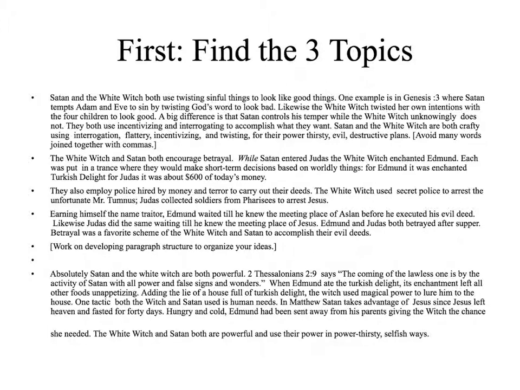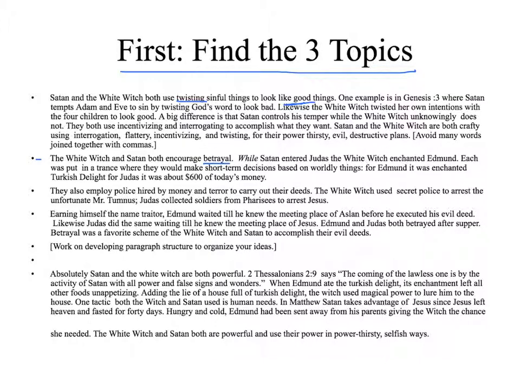All right, so the first thing I said to do is find the 3 topics. So let's do it. Here's a paragraph, and I find Satan and the White Witch both use twisting sinful things to look like good things. So twisting of good and evil should be mentioned in this introduction. Now I'm going to go on to my next paragraph to see if there are any new ideas. The White Witch and Satan both encourage betrayal.